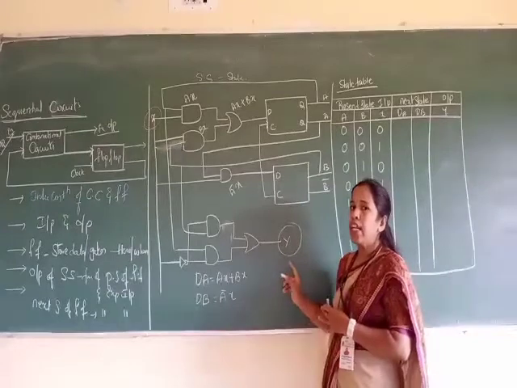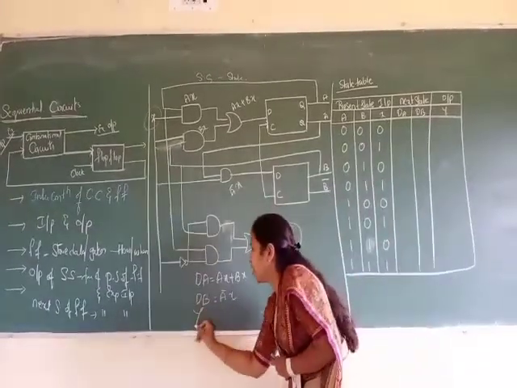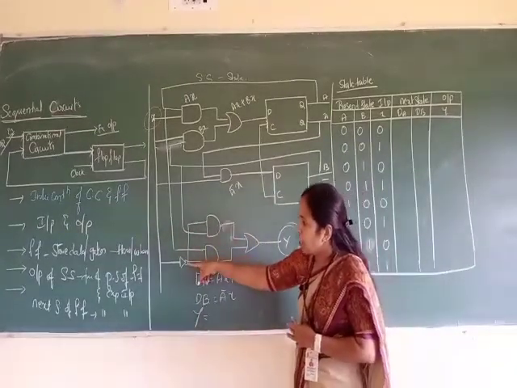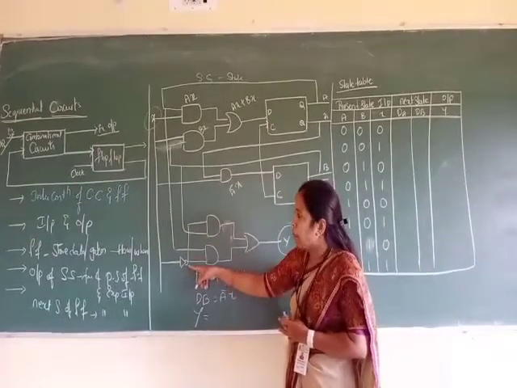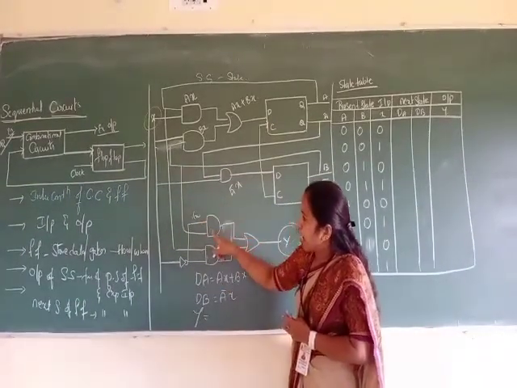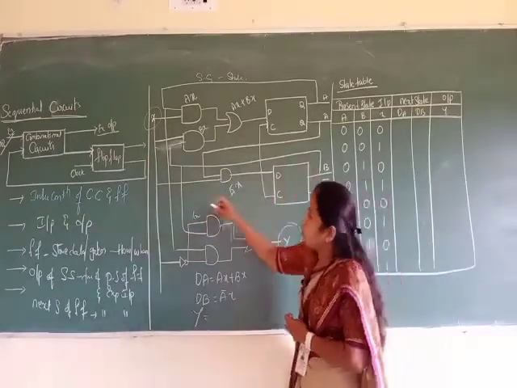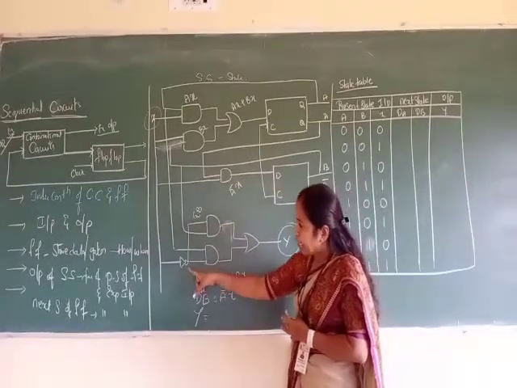The output is Y. You have to check again here. The external input I have taken is X bar, and this one you get from B, so B X bar. And this other one takes X bar with A, so A X bar. Both are combined with an OR operation, so you get A X bar plus B X bar.